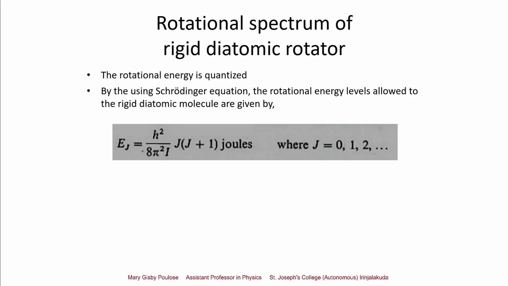Instead of using the orbital quantum number, we use the rotational quantum number to represent the rotation of the molecule. So l is substituted as J here, and h cut is written as h by 2 pi. Substituting these values, we arrive at the expression EJ is equal to h square by 8 pi square I into J into J plus 1 joules, where J can have values 0, 1, 2, 3, etc.